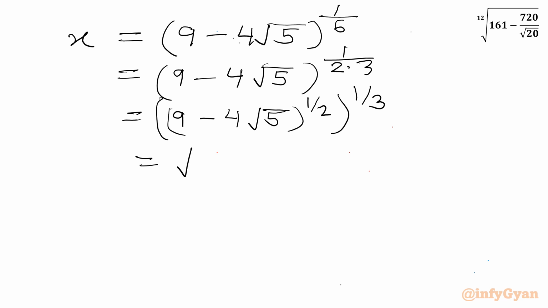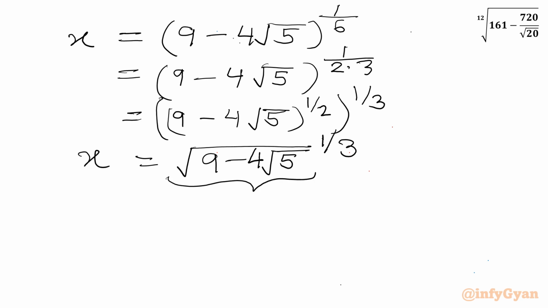So this is square root 9 minus 4 square root 5 whole power 1 over 3. Let us calculate this square root first. So I will be writing here 9 minus 4 root 5 square root.